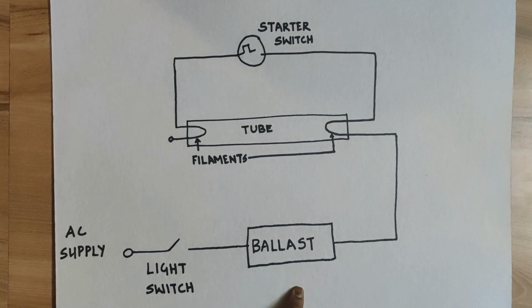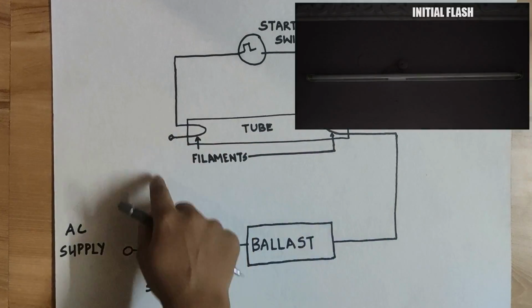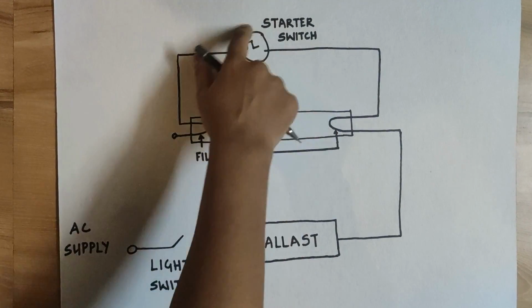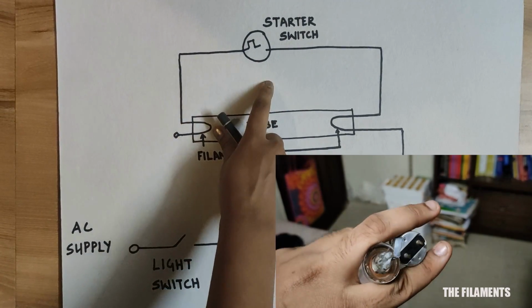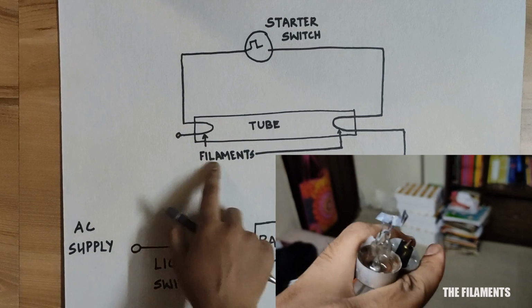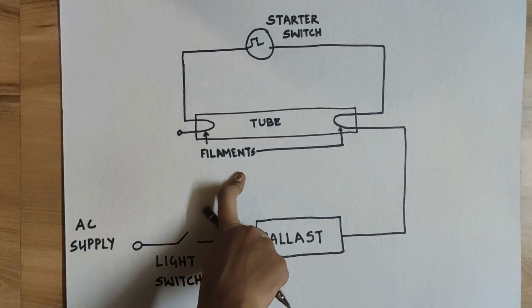They also make use of a transformer to kick up a high voltage that starts the lamp. Once the voltage is high enough, the filaments of the bimetallic switch get heated up and short together, thereby charging up the filaments of the tube. This is repeated till the voltage is high enough to kickstart the tube.